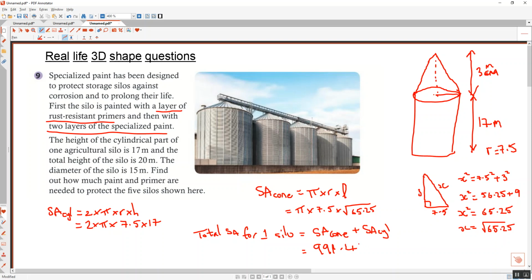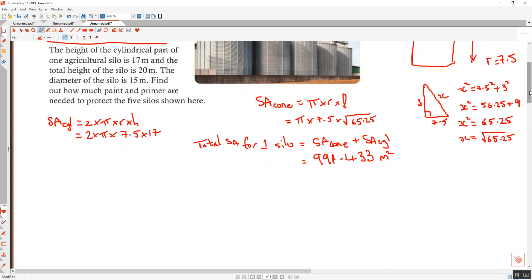Any other numbers off? Okay, I'll leave it like that. So that is the total surface area for one silo. I now need it for how many? We want the total surface area for the paint, 5 silos.